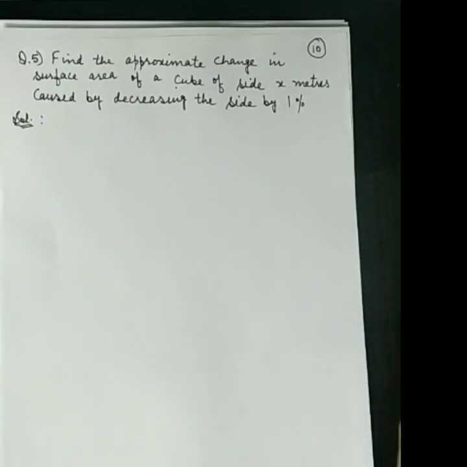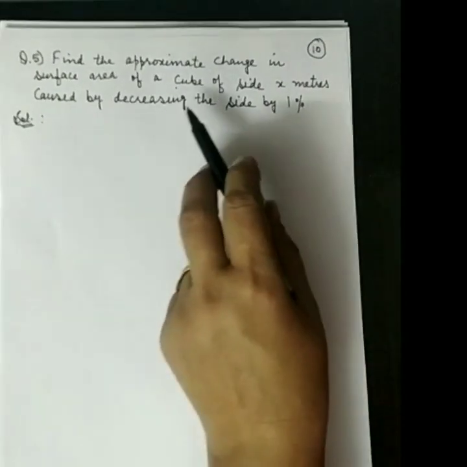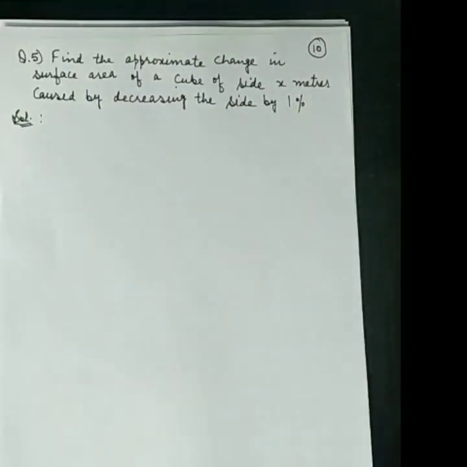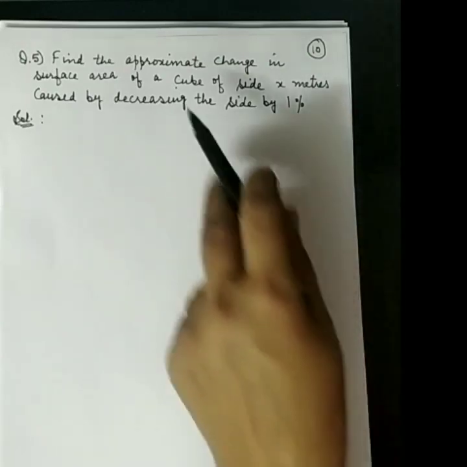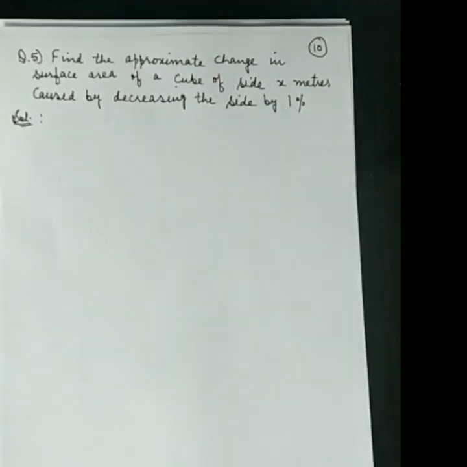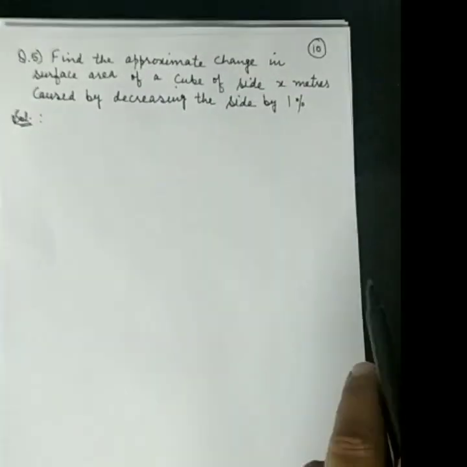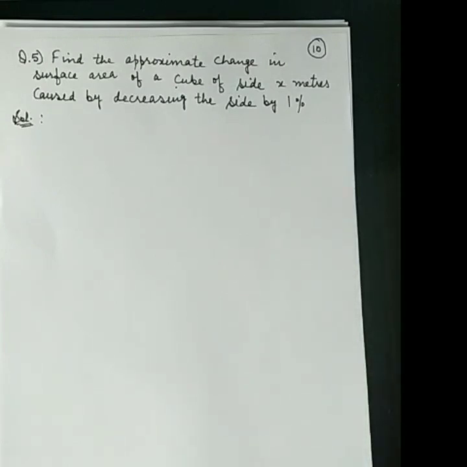Next, question number 5. Find the approximate change in surface area of a cube of side x meters caused by decreasing the side by 1%. Now what is given? Cube of side x meter, decreasing the side by 1%.